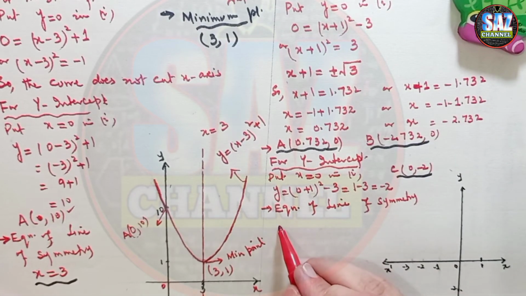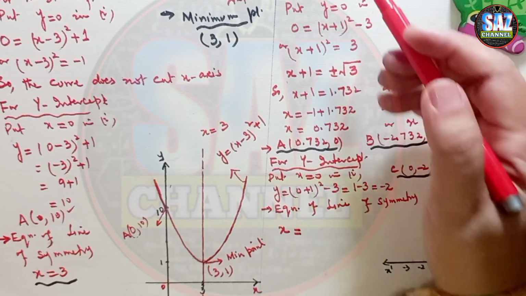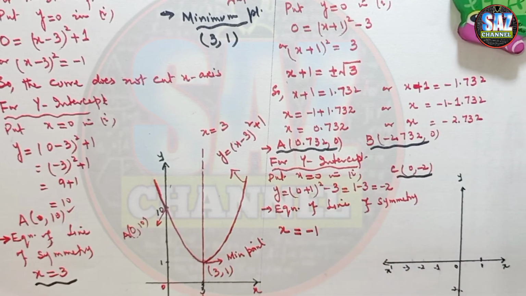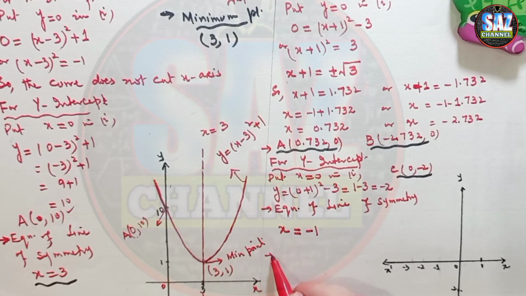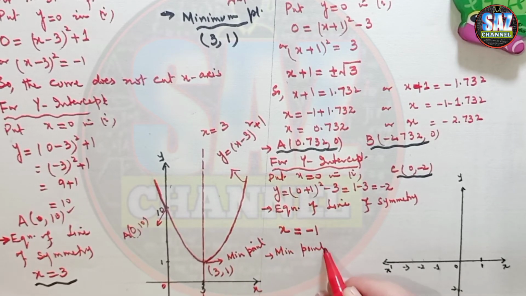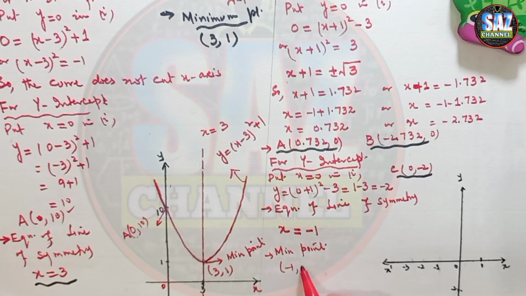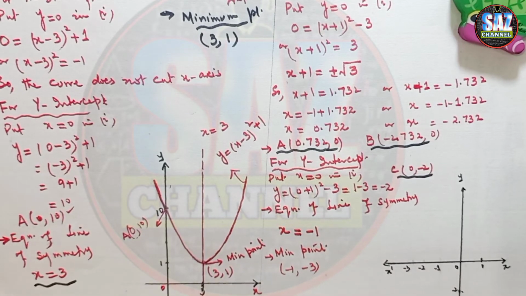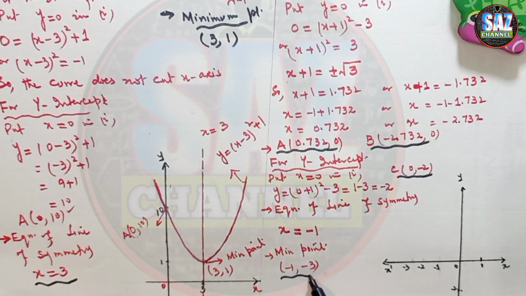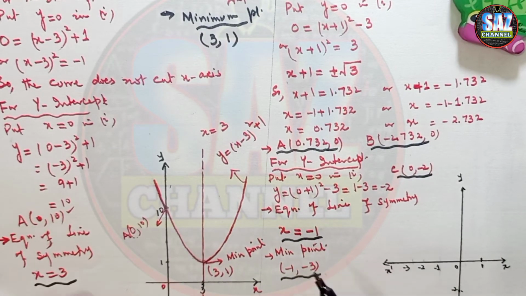So the equation of line of symmetry will be x equals to minus 1, and the minimum point will be minus 1 and minus 3. I hope you are clear how we are finding and identifying the minimum point and line of symmetry.